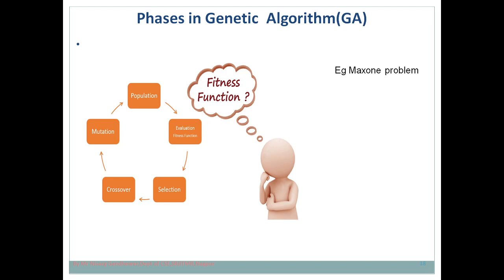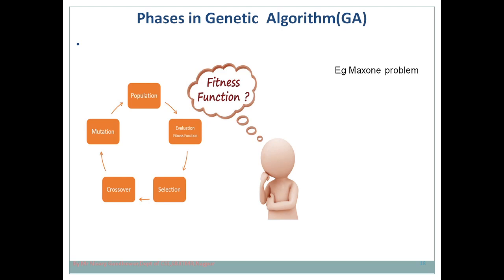This is called a population. Then there will be evaluation, where the fitness of every solution is calculated. That means 5 solutions already exist, and for every solution you calculate its cost. So that cost is calculated, which means the fitness of that solution is calculated.